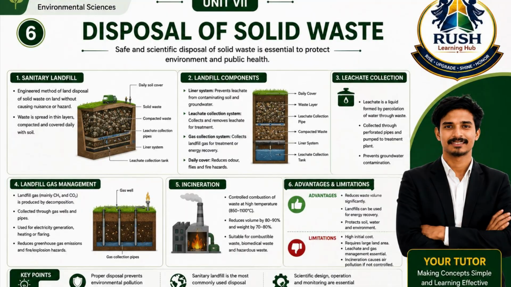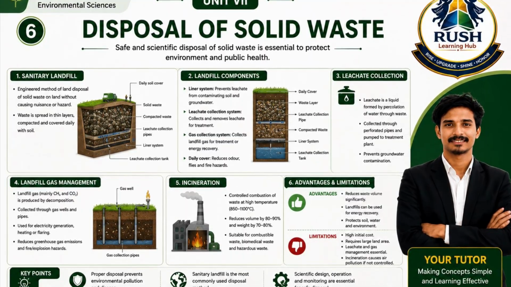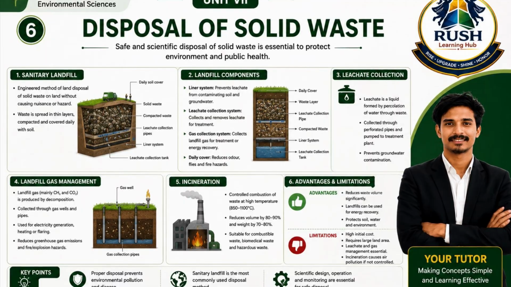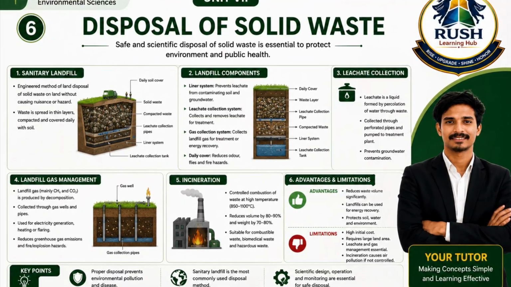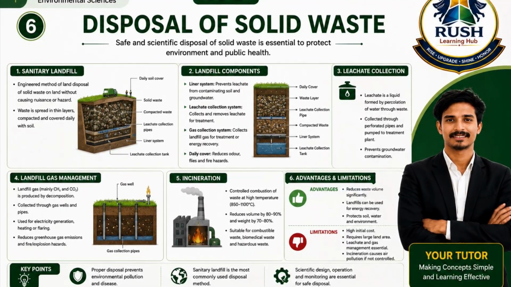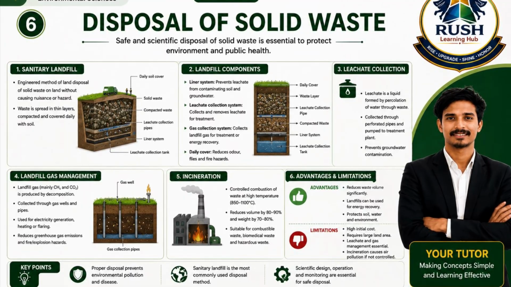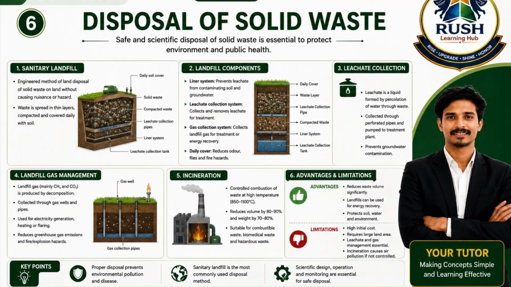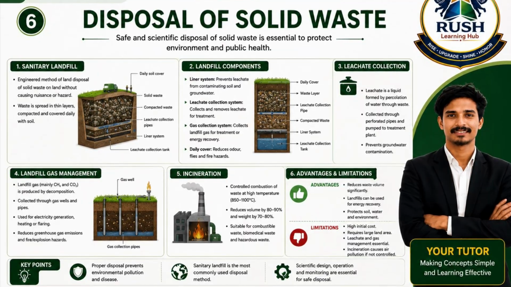Now let us move to the second disposal method, incineration. Incineration is the controlled combustion of solid waste at very high temperatures. The main objectives are to reduce waste volume, destroy pathogens, and recover energy. Waste is burned in specially designed furnaces at temperatures generally ranging from 850 to 1100 degrees Celsius.